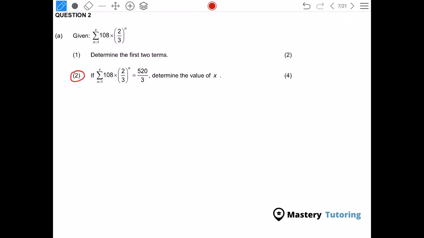First of all, let us try and understand what we're given here. Remember, sigma simply means sum. So the sum of all these terms from term number 1 to term number x gives you an answer equal to 520 over 3. So basically Sx gives you 520 over 3. This is what it means.